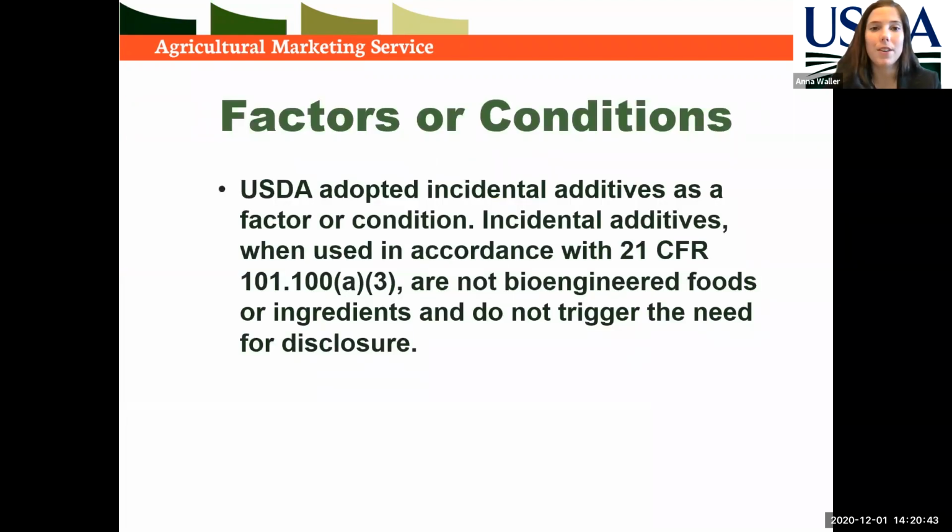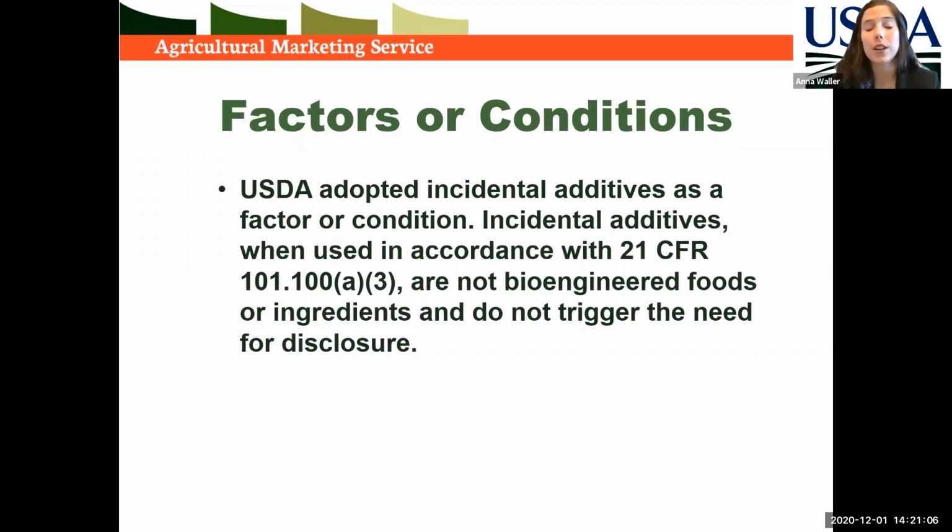The definition of bioengineered food also excludes foods subject to certain factors or conditions. The standard currently includes one factor or condition, which is incidental additives. Incidental additives are defined by the Food and Drug Administration, but generally are foods that are used in insignificant amounts and have no technical or functional effect.